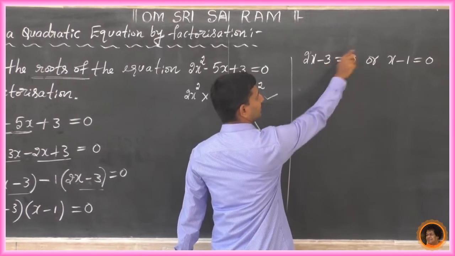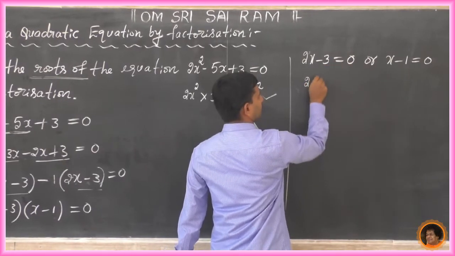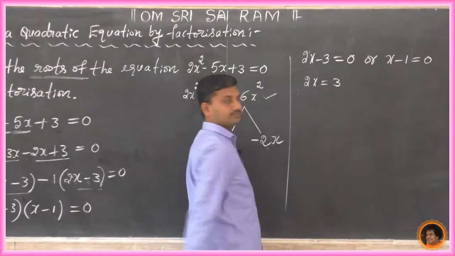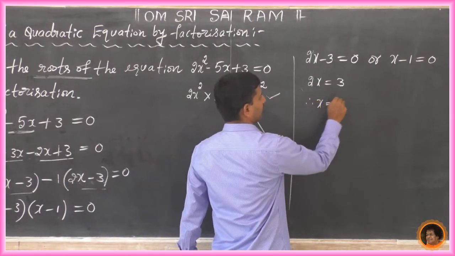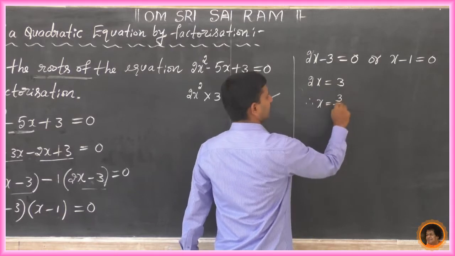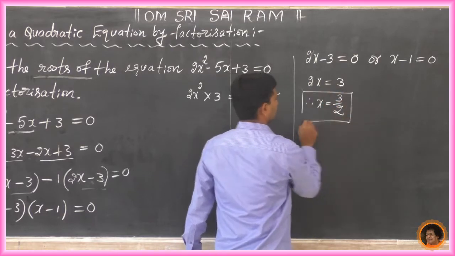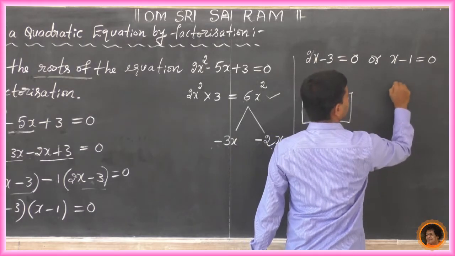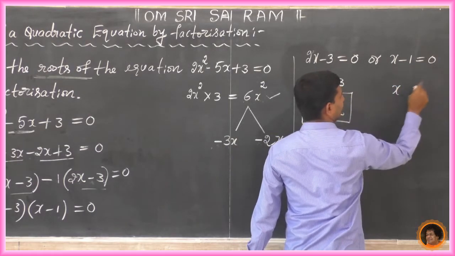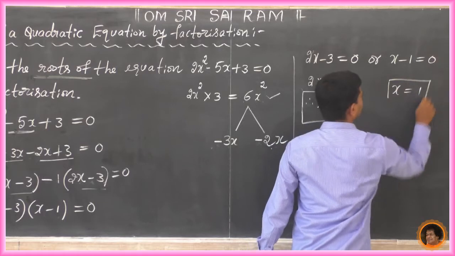Transpose that constant to the right hand side. So 2x equal to 3, therefore x equal to 3 by 2. Or x minus 1 equal to 0; transpose the constant term to the right hand side, so x equal to 1.